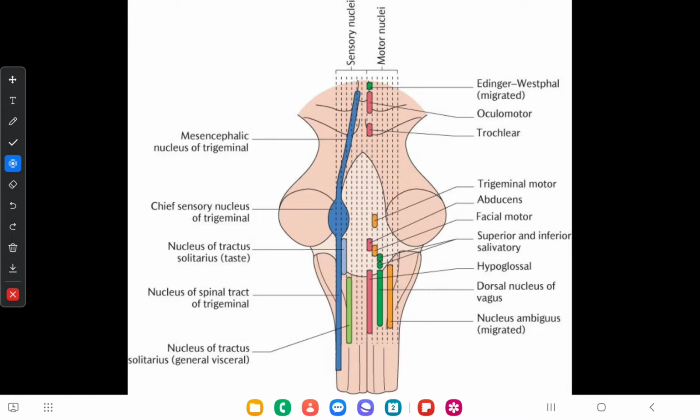In this picture also you can see those motor nuclei and sensory nuclei. On this side you have the motor nuclei, and on this side the sensory nuclei. Here is the midbrain level, with the oculomotor nucleus and trochlear nucleus, and the Edinger-Westphal nucleus. Again here is the pons, and here the medulla oblongata.